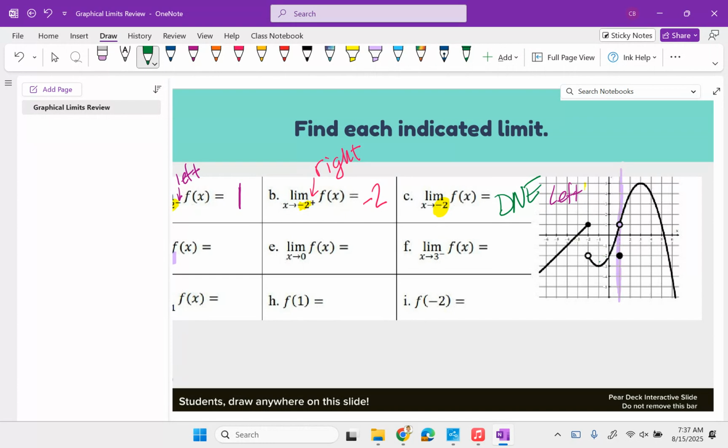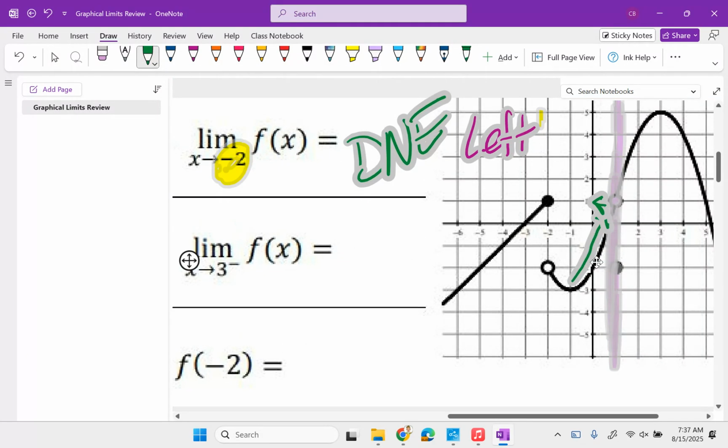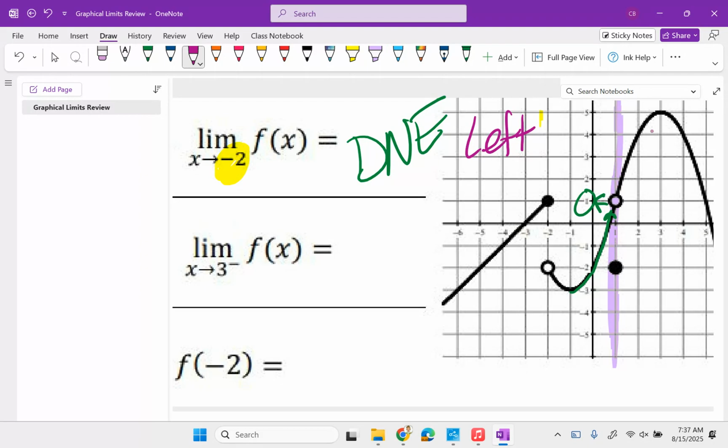So from the right, what y value is it equal to? Careful. I need to say it a different way. From the right, if I trace this function from the right, what y value is it approaching? 1, okay. If I trace my function from the left, what y value am I approaching? 1.